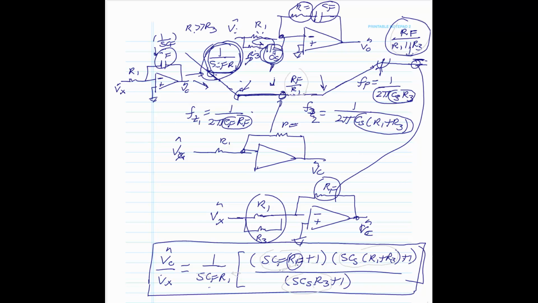But this is still smaller than 1, and this is still smaller than 1. So you get this circuit over this circuit, and you can see the S CF and S CF go out, and you have RF over R1, and that's exactly what you have at mid-frequency.